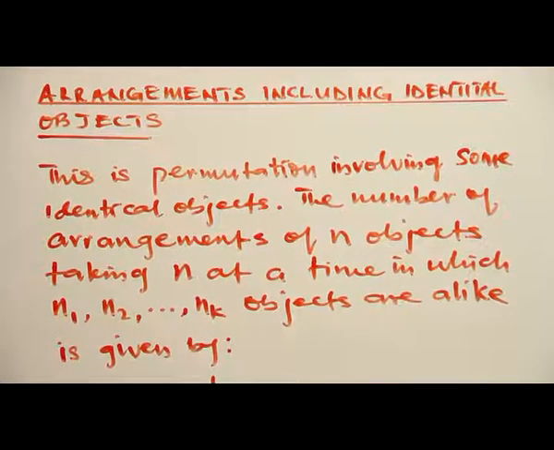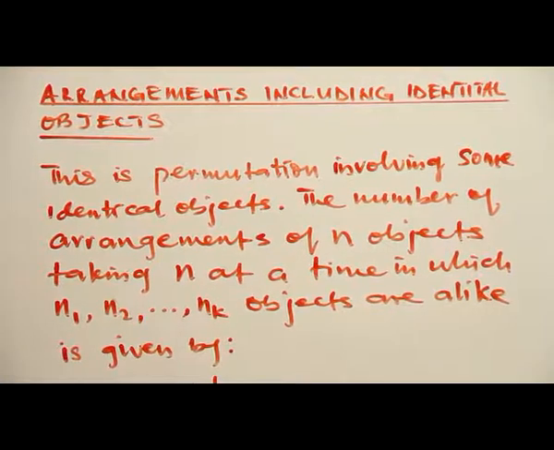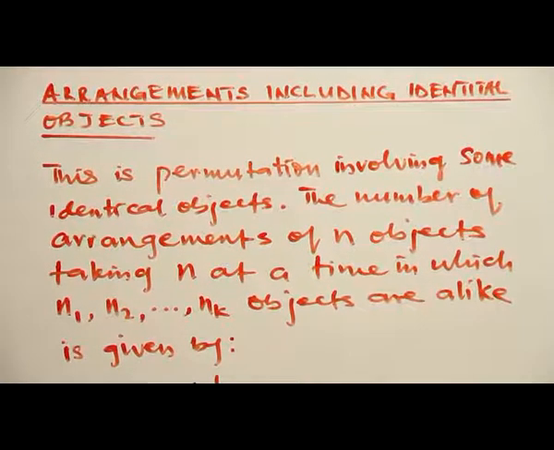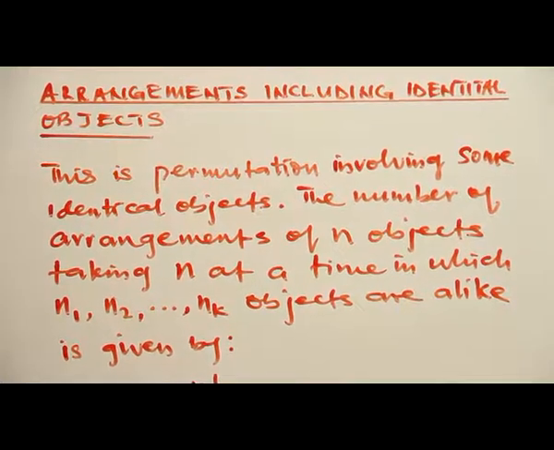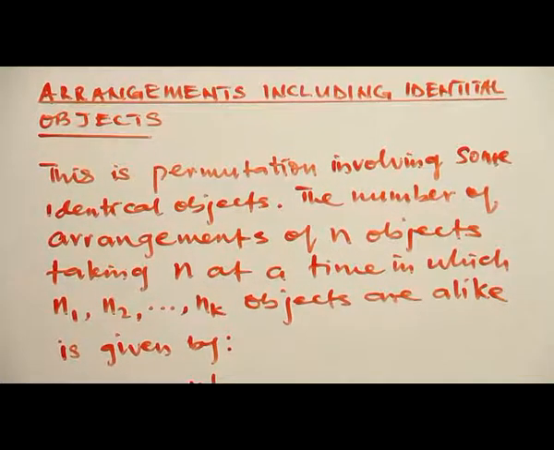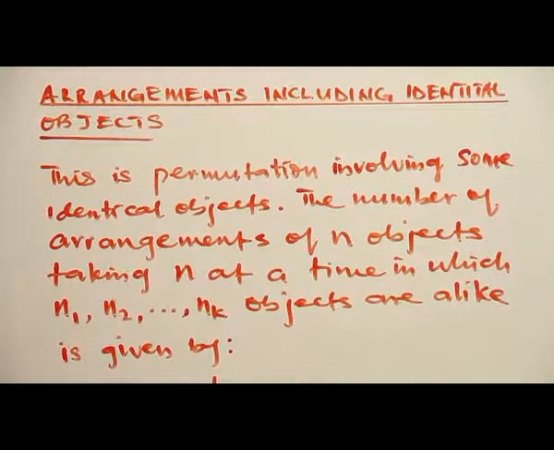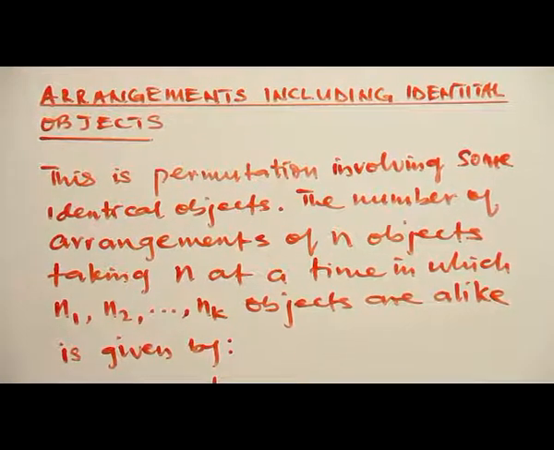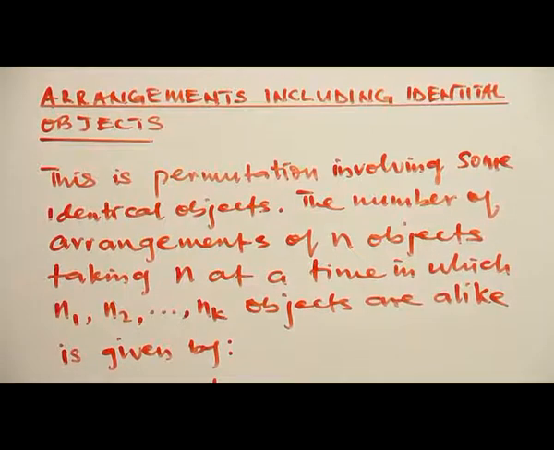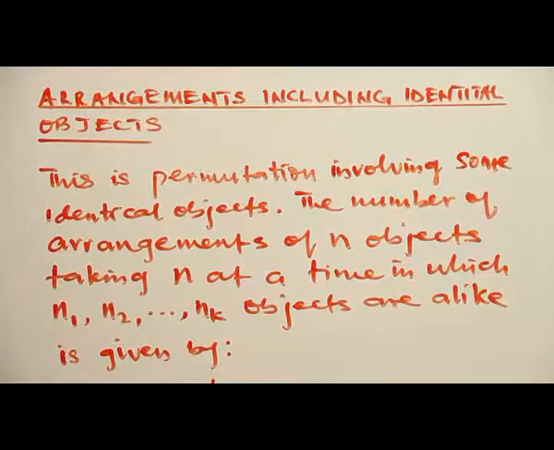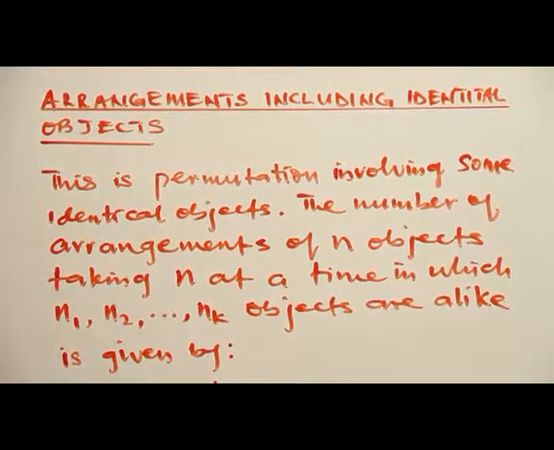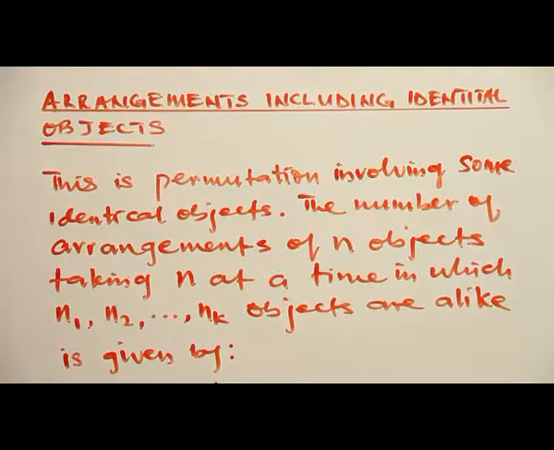How do you distinguish one S from the other if they are of the same color? So in this case, the S's are said to be identical. They are indistinguishable. In other words, for us to know the number of ways that such items can be arranged, taking all at the same time, we will now use the formula below.